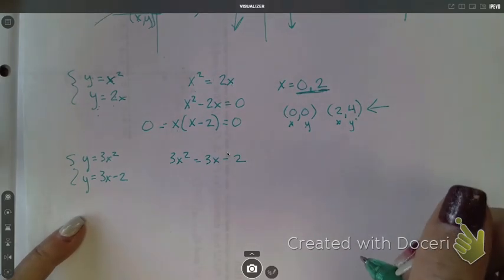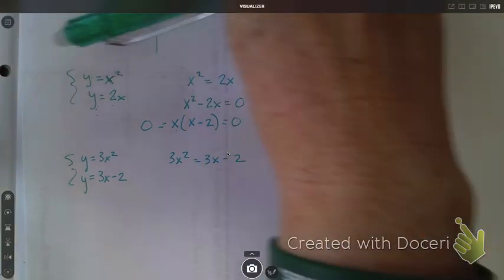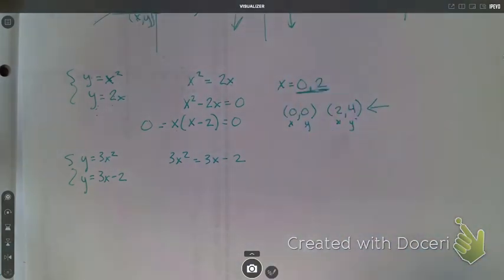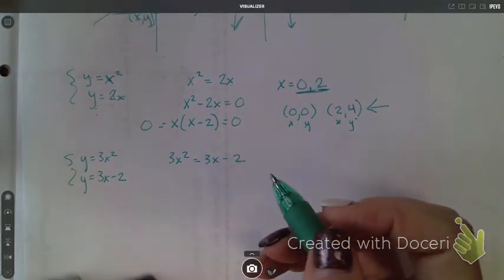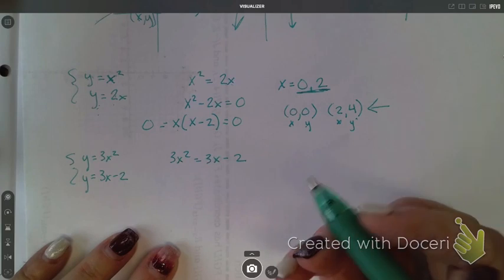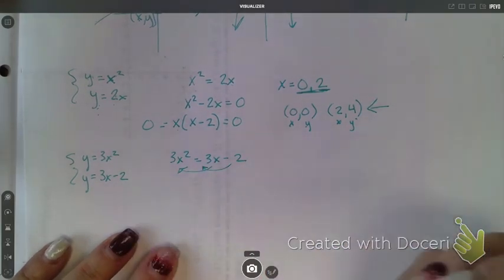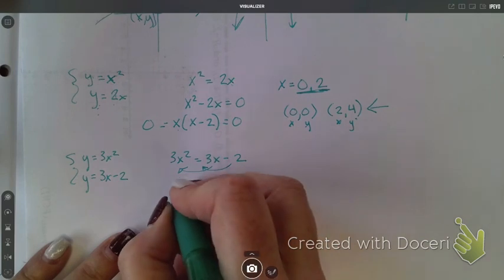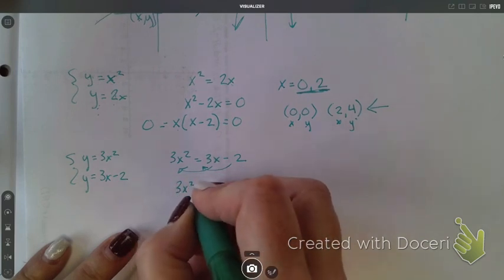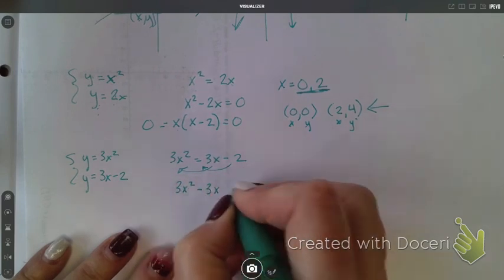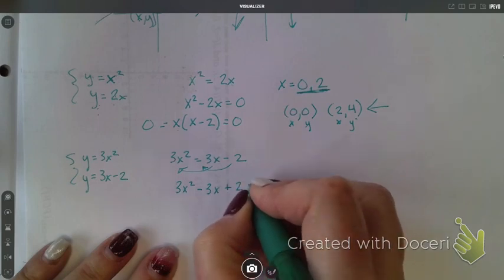So what's next? You're setting it equal to 0, and I'm going to move everything that way. So you have 3x squared minus 3x plus 2 equals 0.